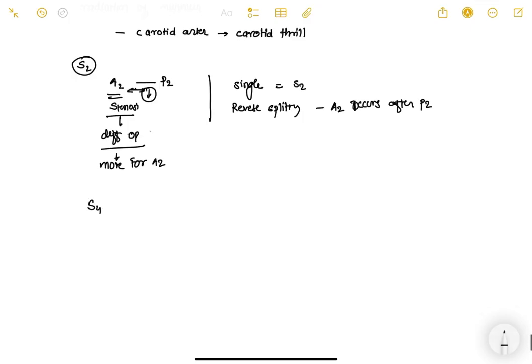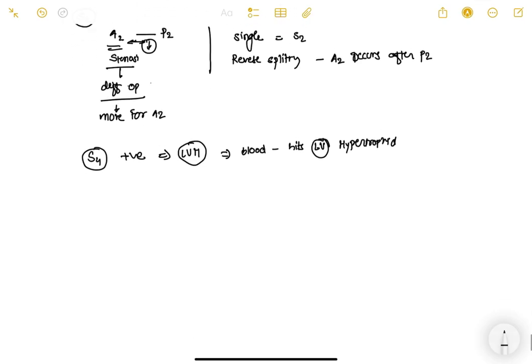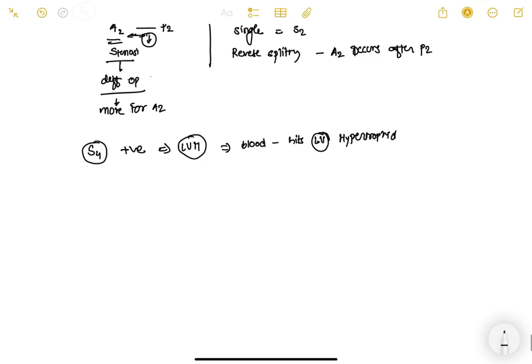What about S4? S4 will be positive because there is left ventricular hypertrophy, and there will be gushing of blood that hits the left ventricle which is hypertrophied. So there is some Gallavardin phenomenon. So what is Gallavardin phenomenon?